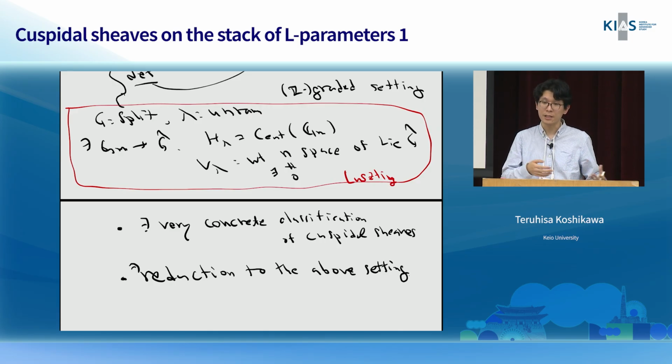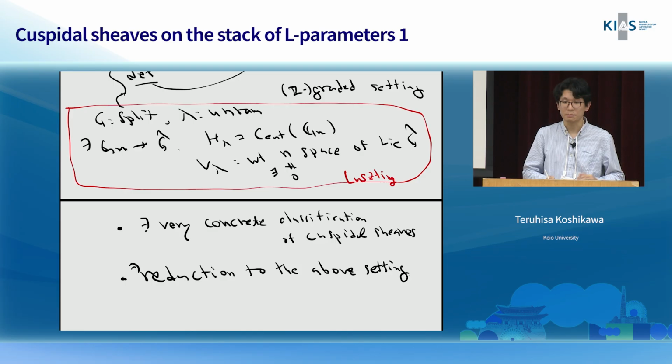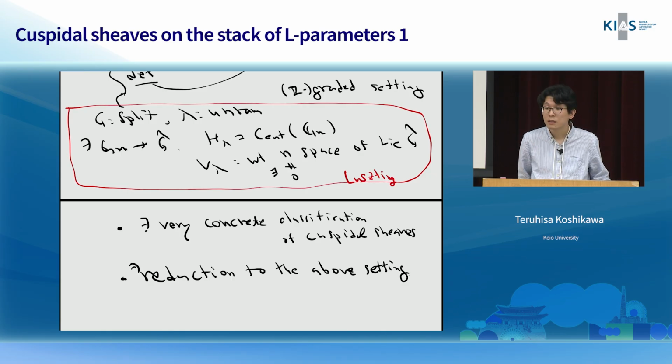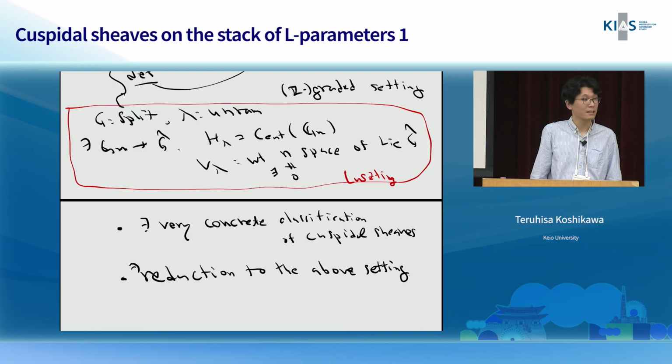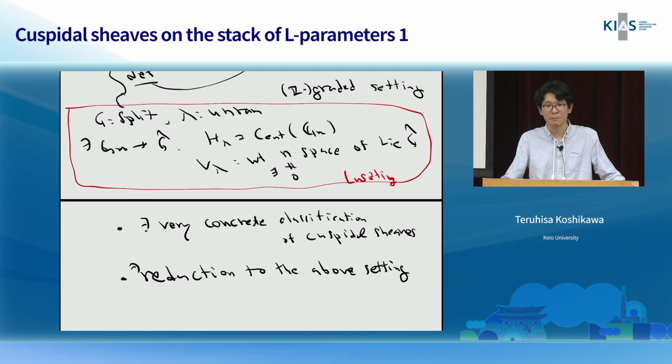But in general, H lambda is far from connected. So this reduction basically ignores some finite information, but otherwise you can reduce to this setting. In the loose setting, lambda is still defined in the same way, or if you like, you can ignore lambda and just start with the co-character. And Lusztig didn't talk about parameters, right?